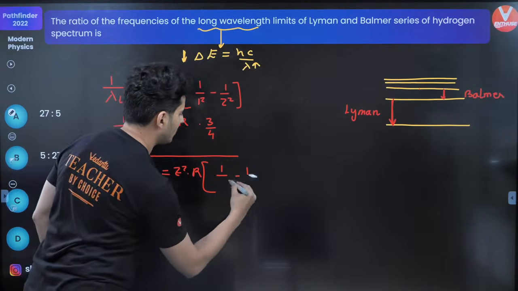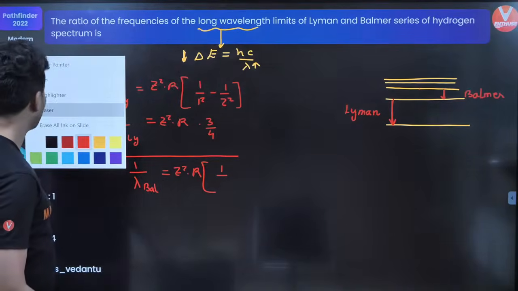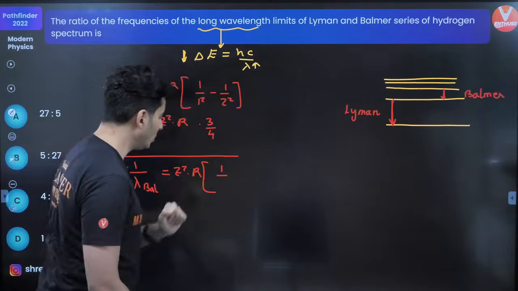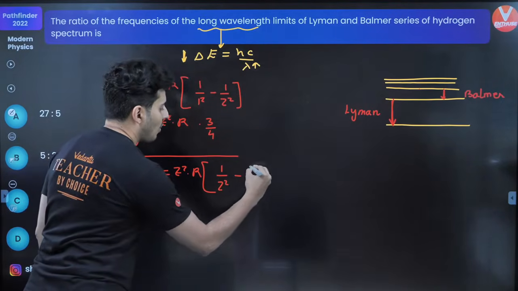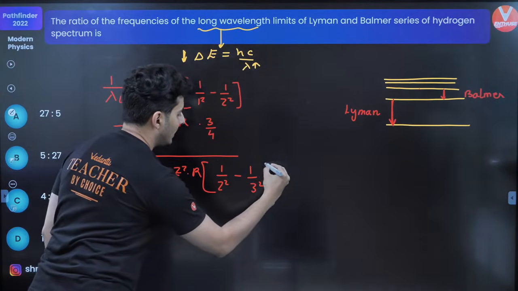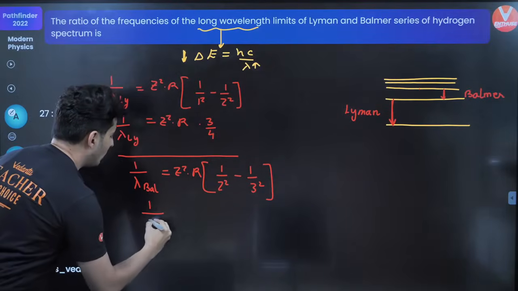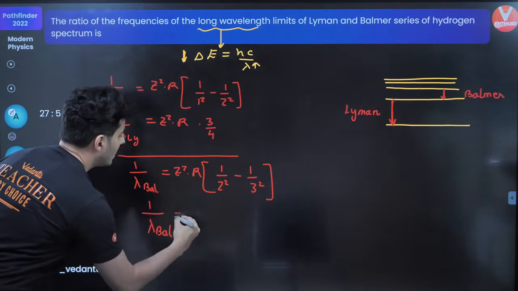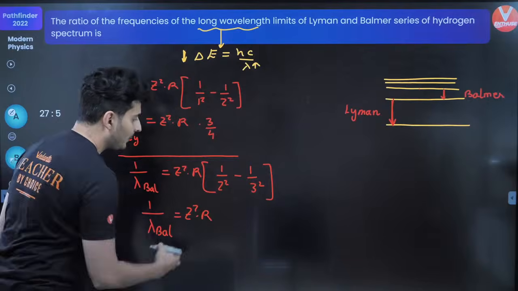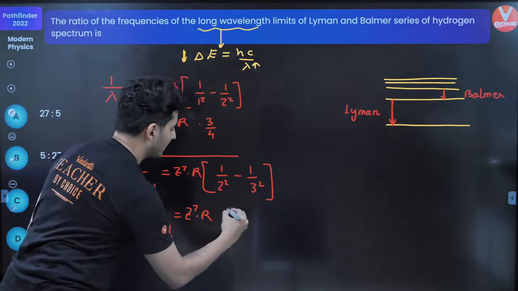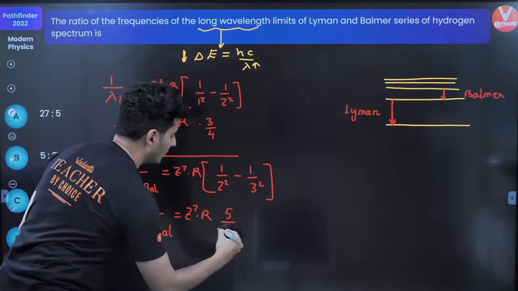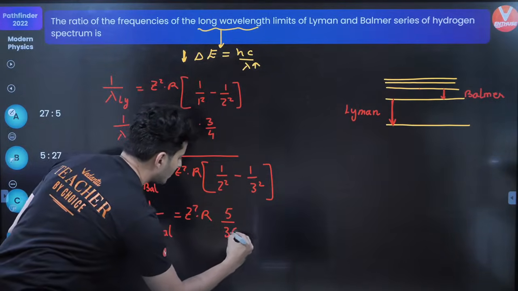This was supposed to be from 3 to 2. So 1 by 2 square minus 1 by 3 square. That's fine. So therefore 1 by lambda of the Balmer will be Z square into R. 2 square is 4, 3 square is 9, 9 minus 4 is 5, and 9 4s are 36. So that's what you get.